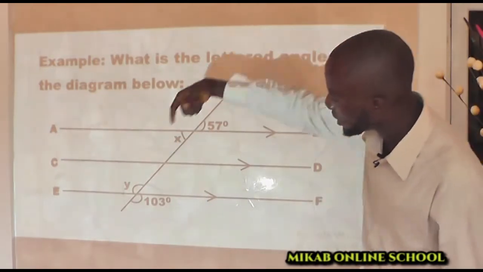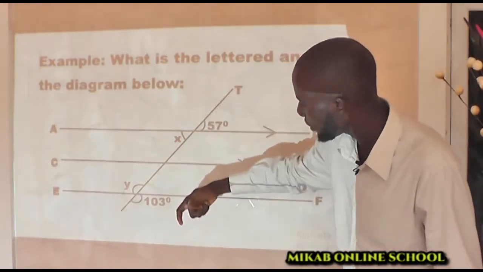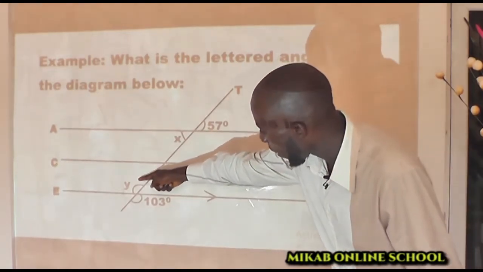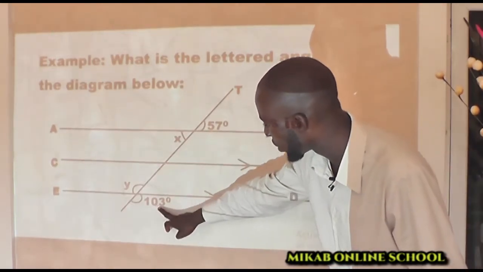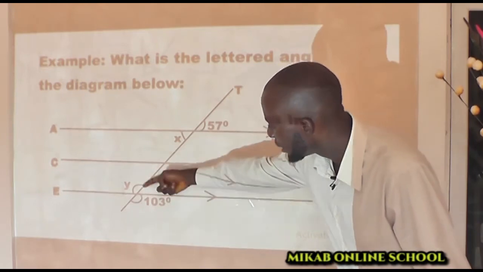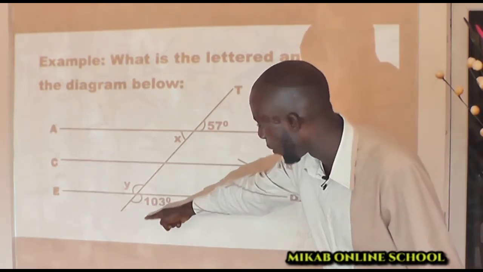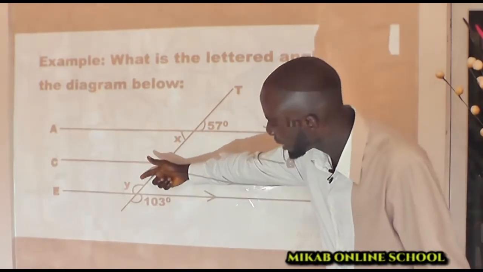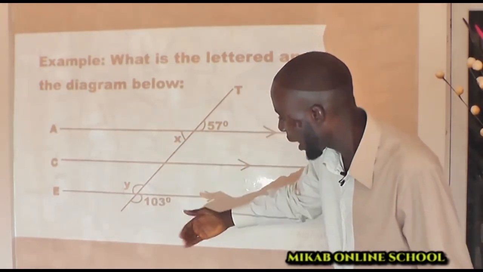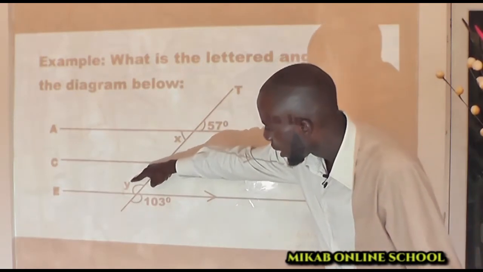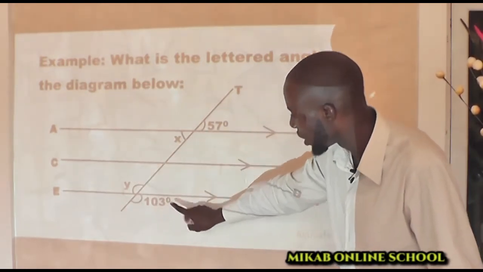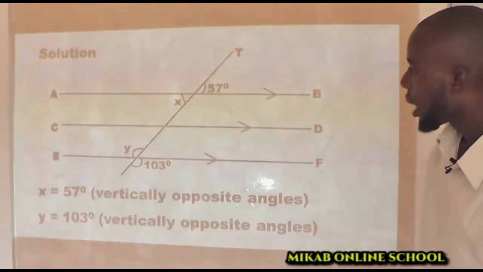If you look at angle y here and the angle 103 degrees, they are also vertically opposite, and we said that vertically opposite angles are equal. So y is equal to 103 degrees.